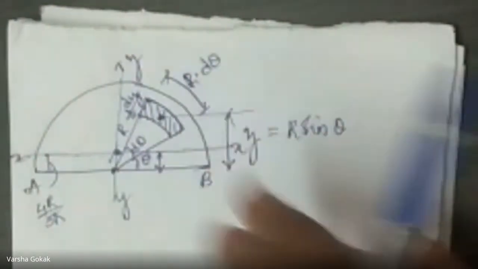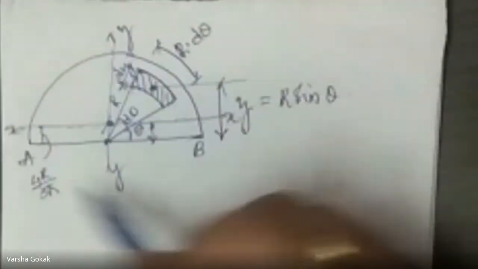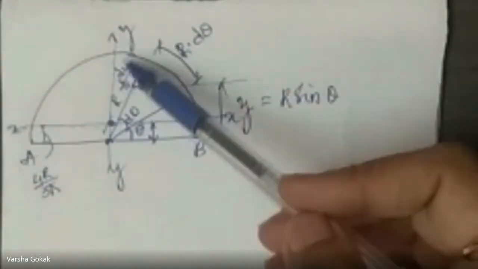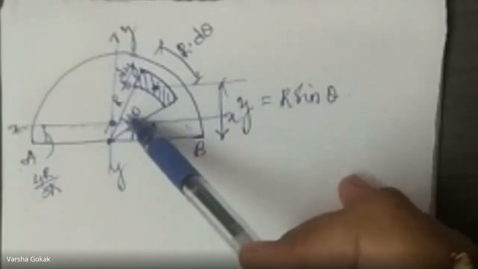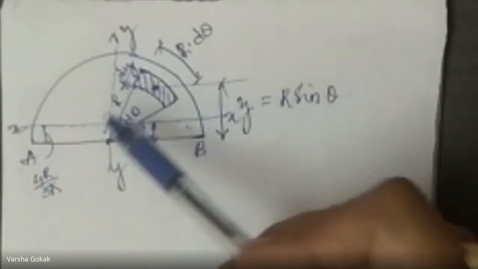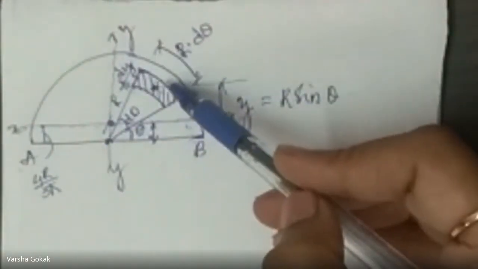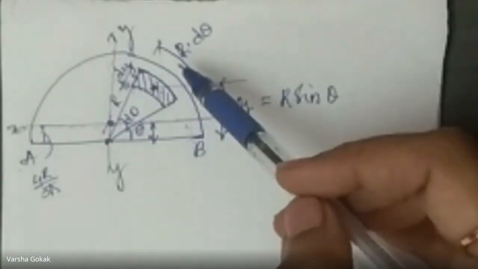So whenever we are doing the derivations, you have to write initially some part of the diagram that you are drawing. Okay, so consider a semicircle of radius r as shown in the figure. Choose a differential element of angular width d theta, making an angle theta, and the radial width as dr at a distance r from the center.